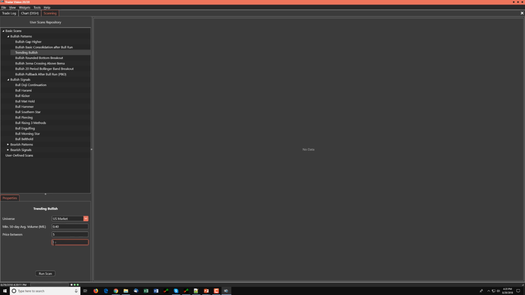I could put in a top figure if I only trade things that go up to $50, for example. The reason I choose 5, by the way, is because my personal liquidity requirement is $2 million worth of stock traded a day, and 5 times 400,000 shares gives us that 2 million. It's just an average, but that gives you a ballpark estimate here.